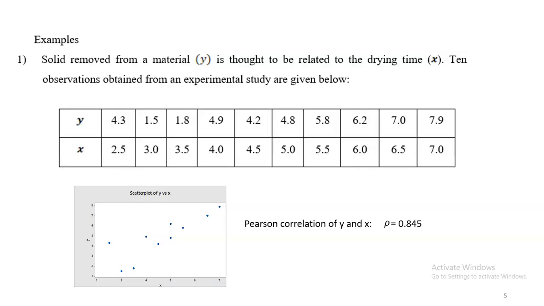You can see the dependent variable values and the independent variable values, and if you plot them and find the Pearson correlation, you can see visually there should be a positive linear relationship, because the data points are linearly showing a relationship towards the diagonal. So you should expect a value closer to 1, and you can see actually rho is equal to 0.845, which is a strong linear relationship.